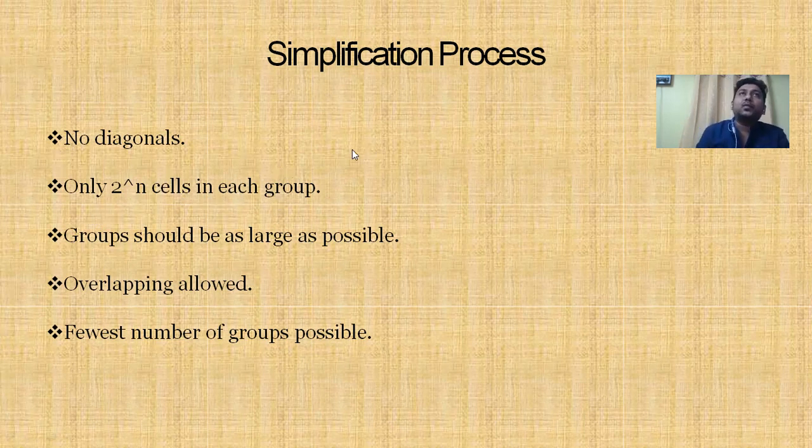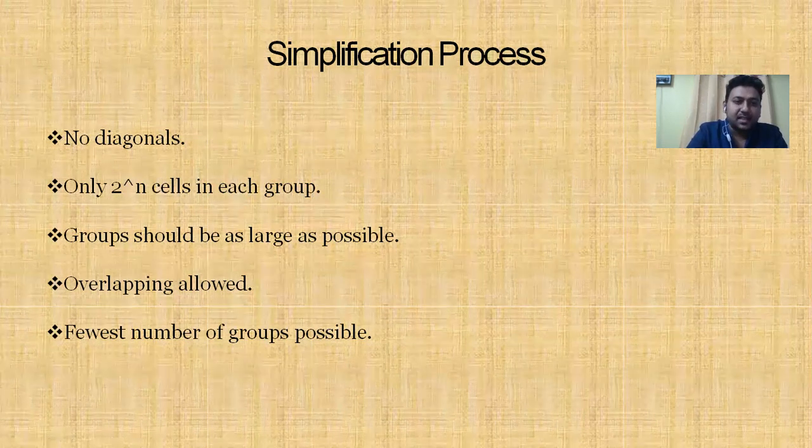So in a group, 2 to the power n: when n is equal to 1, it is 2 to the power 1, that is 2. When n is equal to 2, it is 4. When n is equal to 3, it is 8. When n is 4, it is 16. So the elements of a group may be 2, 4, 8, or at maximum 16.